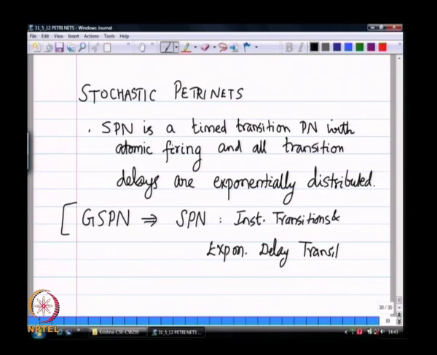Because sometimes in a system you will find that there are some activities that are just instantaneous, there is no need to delay them at all. Some things take almost negligible time, so you can consider those as immediate transitions, okay. So questions?